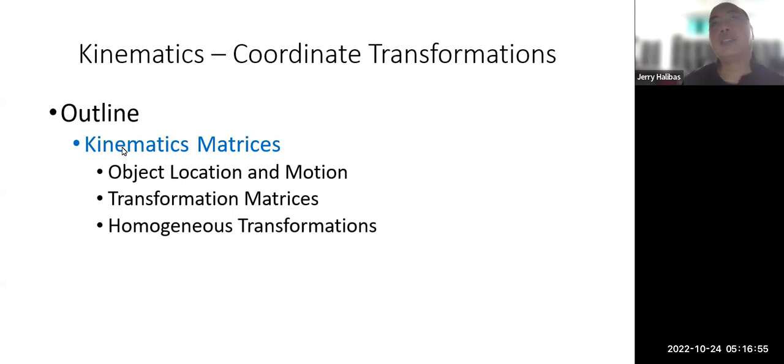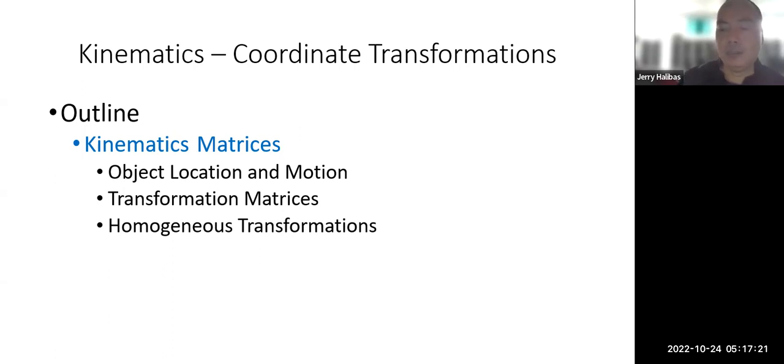Kinematics matrices as presented during the orientation, particularly in the programming of using MATLAB. So it is using matrices. So specifically, object location and motion, transformation matrices, homogeneous transformation, and so on and so forth.